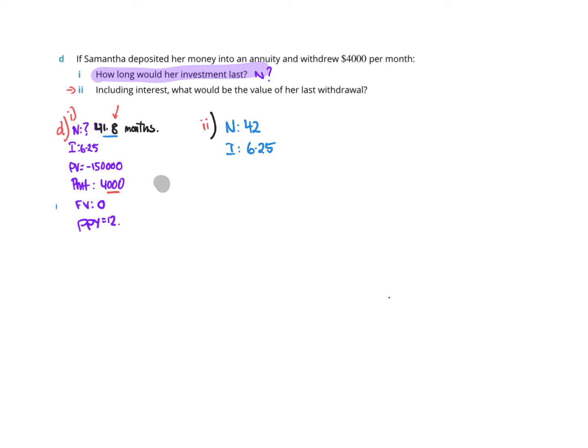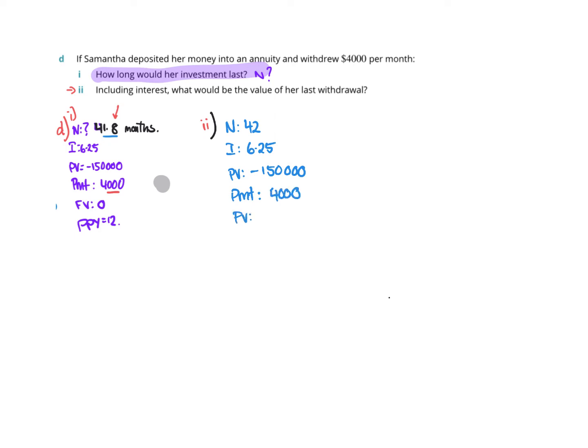Because at 41 months she gets 4,000, and there's still money left, so we'll go for one more month, but we know it's not going to be the full amount. So knowing that it should be finished by 42, let's go find out what the final value is.